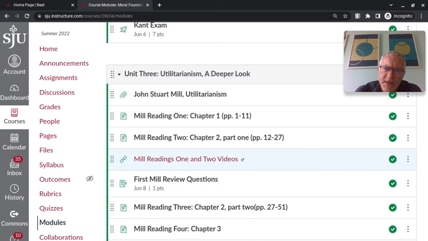Kant can be difficult to read, but I think when we come out of it, we come out of it with a definite ethical decision making framework. And it's very clear, I believe, what we need to do to apply Kantian principles to a situation to come up with some sort of answer.